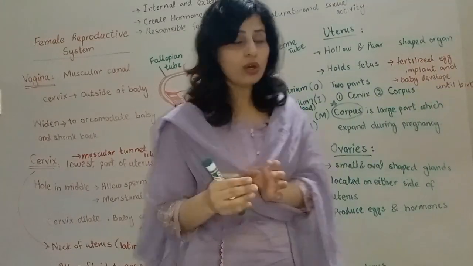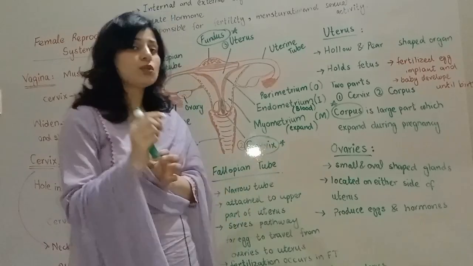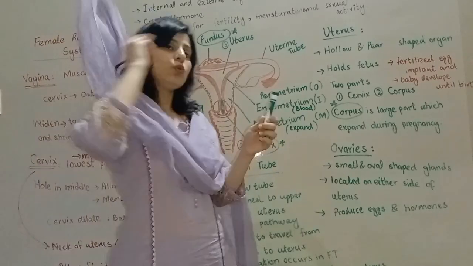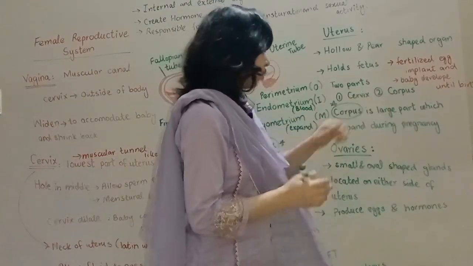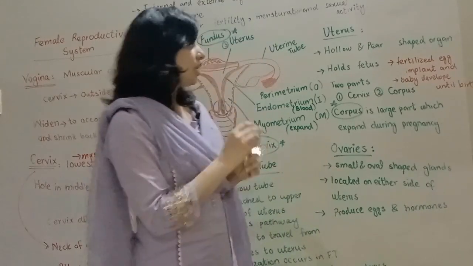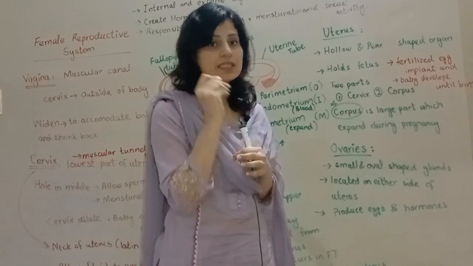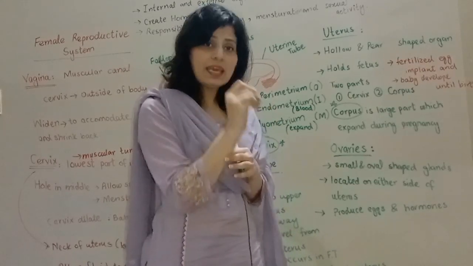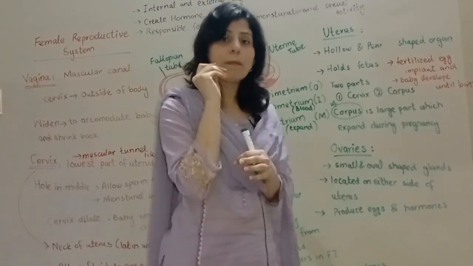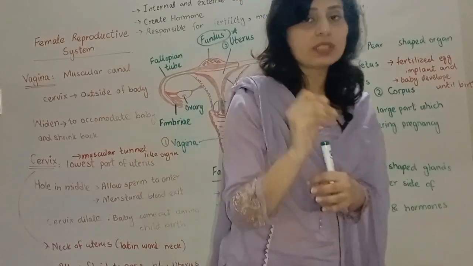It is a hollow, pear-shaped organ that holds your fetus, with two parts, the cervix and corpus, and it is where your fertilized egg implants and the baby grows until birth. That's all about the uterus.